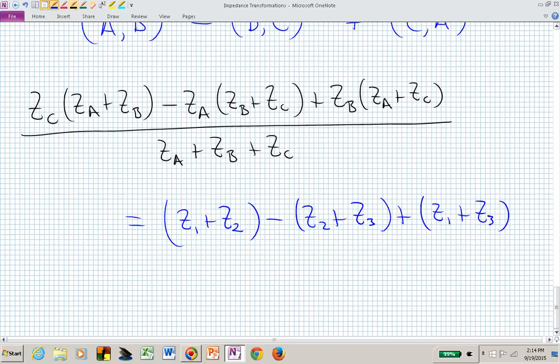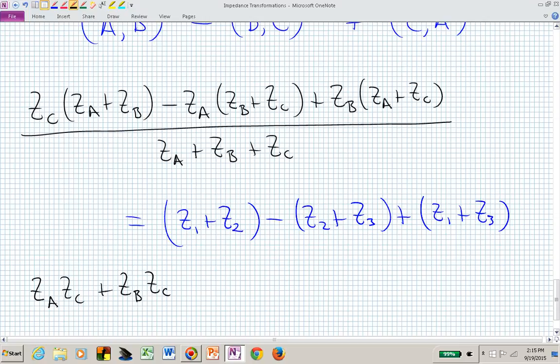Now, if we multiply that numerator out on the left-hand side, in the black equation, we will get a pairwise combination of a lot of different impedances. And I will try to, when I multiply these out, keep the alphabetically first coefficient in front.